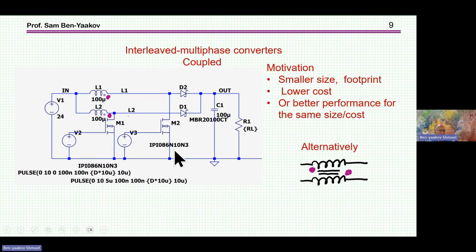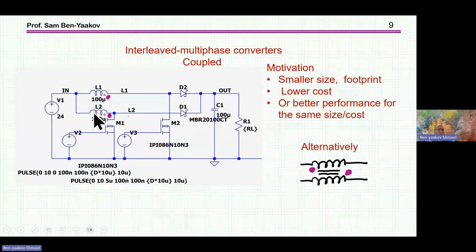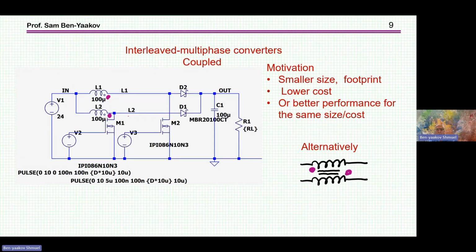So what we have here is two inductors which are wound on the same body, and so they are coupled with a certain coupling coefficient. The aim here is to have a smaller size, smaller footprint. Obviously, it's smaller if it's one unit, and with a smaller size, it'll be a lower cost.